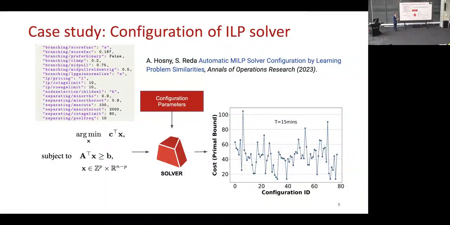So the question is, is there a particular global configuration that is good for all instances? And the answer is no. We have data for that, and everybody knows that. So this means that every problem instance or distribution can have its own special configuration that is particularly optimized for it. So I need to figure out for each ILP instance what is the best configuration that minimizes the cost.